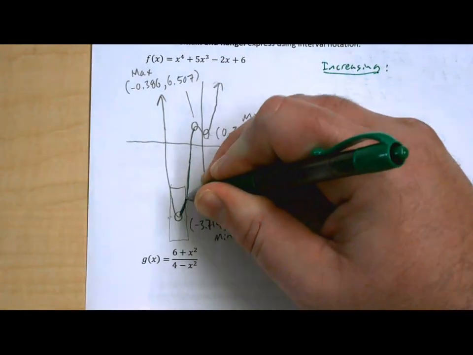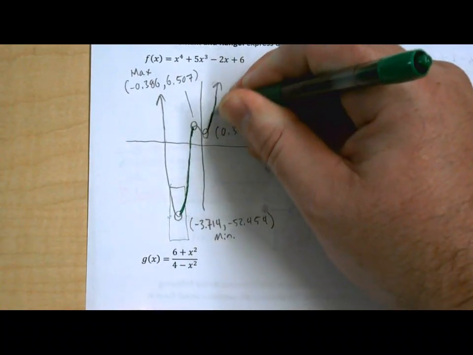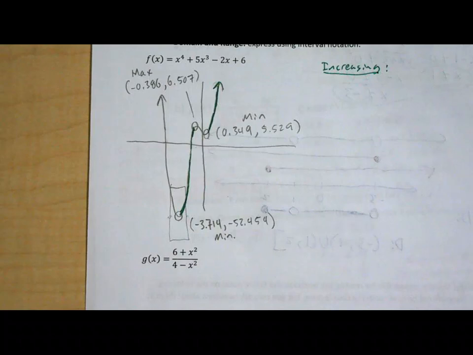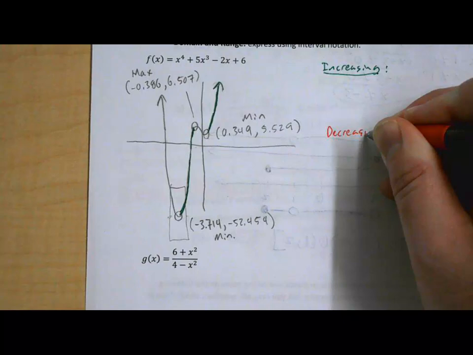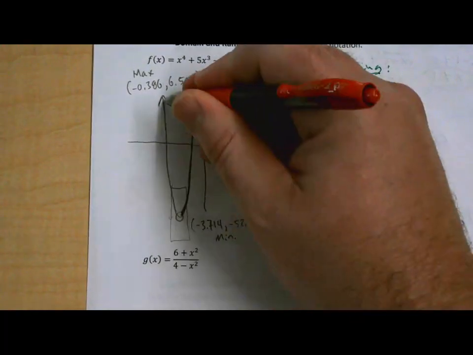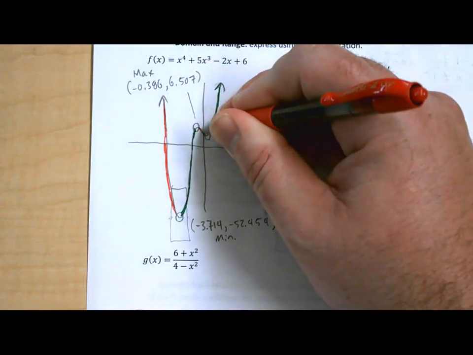From left to right, we are going uphill on that interval, and it's also increasing on this interval here. We're going to come back and write those intervals down in just a moment. It is decreasing on this interval and on this interval.